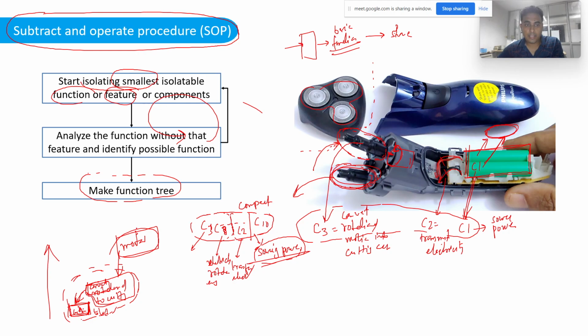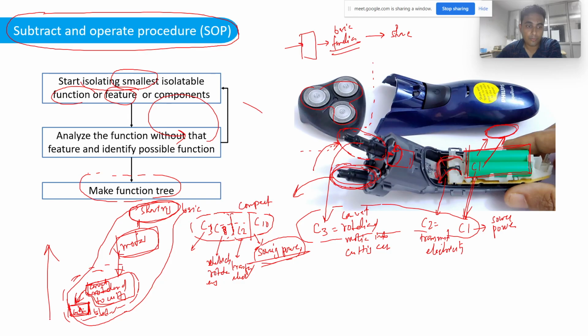So by doing this, slowly you reach the top, the higher level functionality, which is basically the shaving tool. For shaving, you create this tree, which is generated in reverse order.